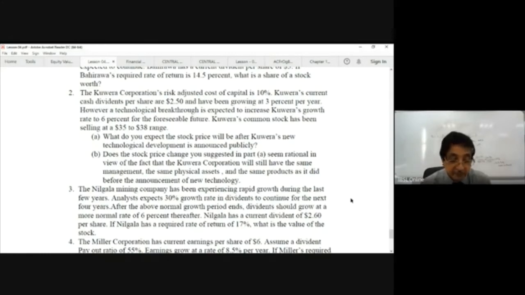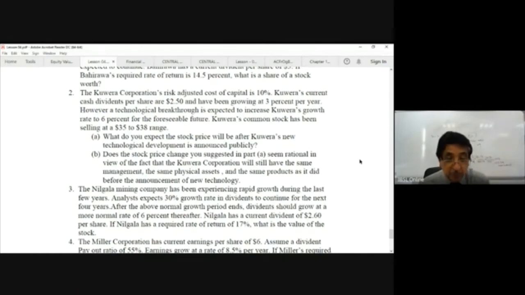Yes, 36.78. Now it says that the common stock has been selling at a 35 to 38 range. So I think your calculation really comes in the same range. This is the present situation.